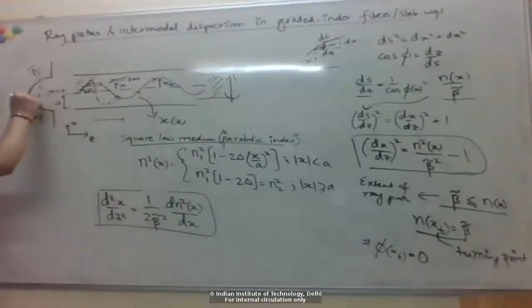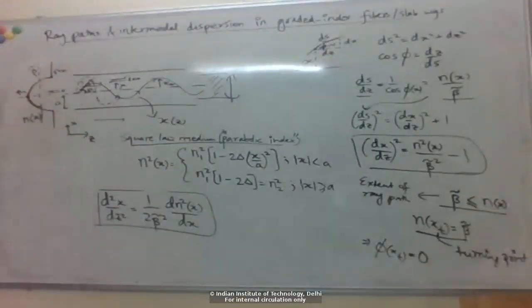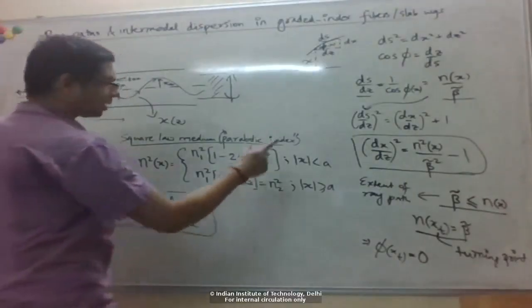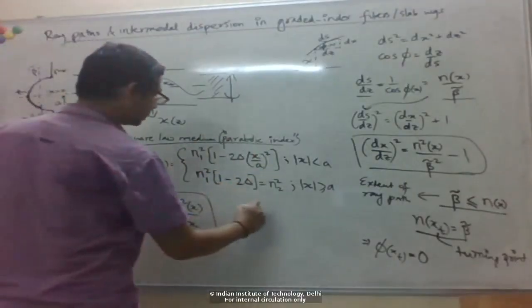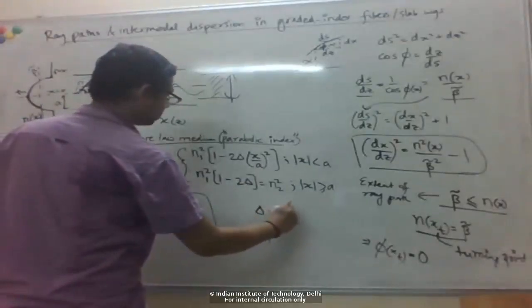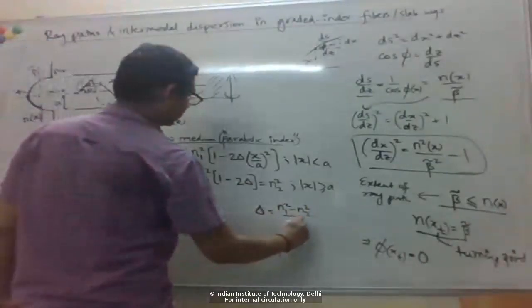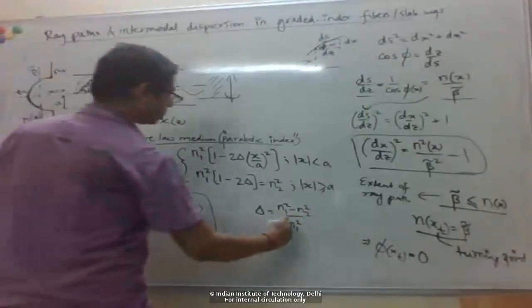At x equal to 0, this is n1, and then in the cladding it's n2. This delta we discussed is the normalized refractive index difference. From here you can see that delta is n1 square minus n2 square, divided by 2 n1 square.